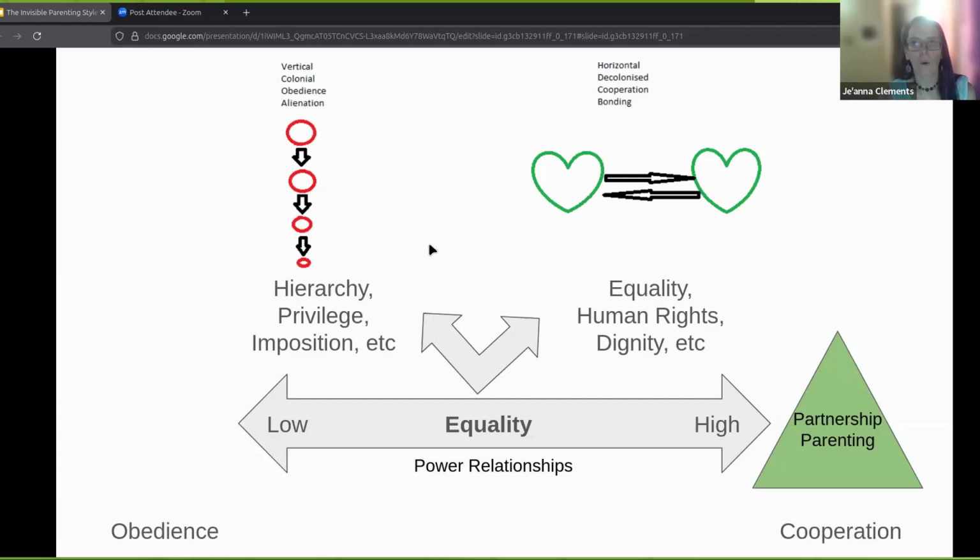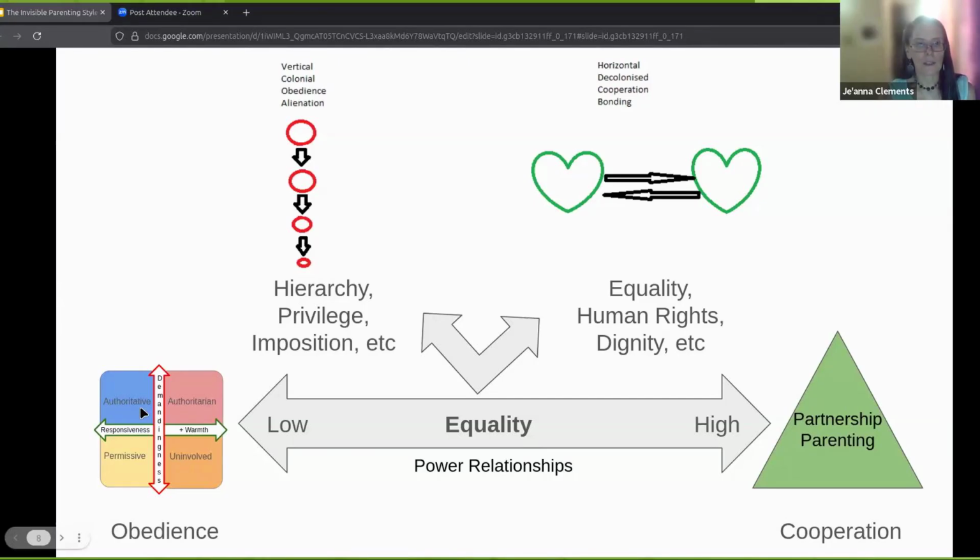Now let's notice all of the others are about obedience. Whether we want to use that word, which is a little strong and old-fashioned, it's still what it is. Authoritarian and authoritative and permissive and uninvolved, they all involve issues of obedience, whether it's obedience or disobedience. Everything clusters over low equality over here.